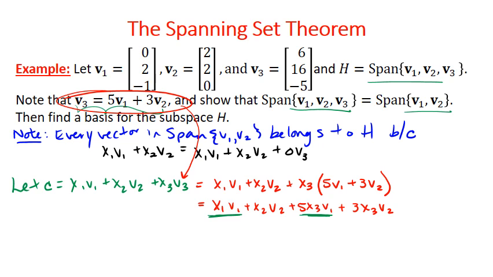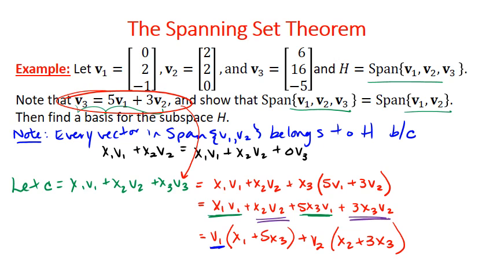I have a v1 and a v1, and then a v2 and a v2. So I can factor out those GCFs: v1 times (x1 plus 5x3) plus v2 times (x2 plus 3x3).